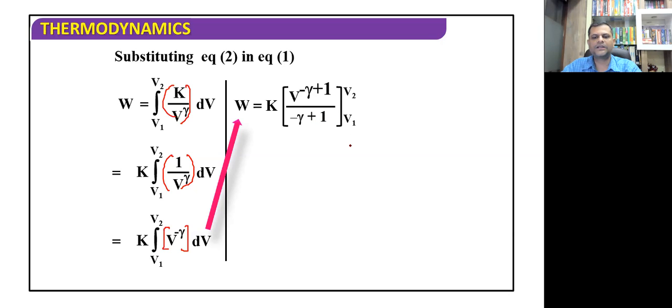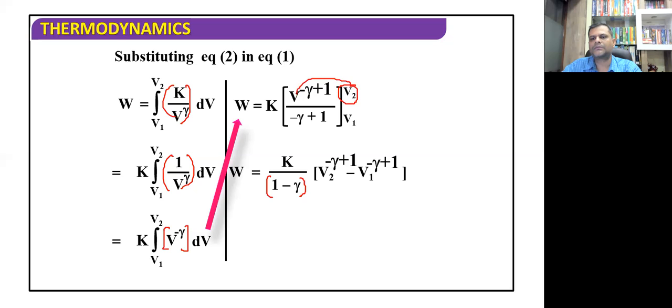According to the formula for integration, the integration of x raised to n is x raised to n plus 1 upon n plus 1. Okay, and then we can simplify this further and get minus gamma plus 1 written as 1 minus gamma here, and if we replace V2 in place of V, then we get V2 raised to minus gamma plus 1, and minus V1 replaced in place of V again, so that we get minus of V1 raised to minus gamma plus 1 here.